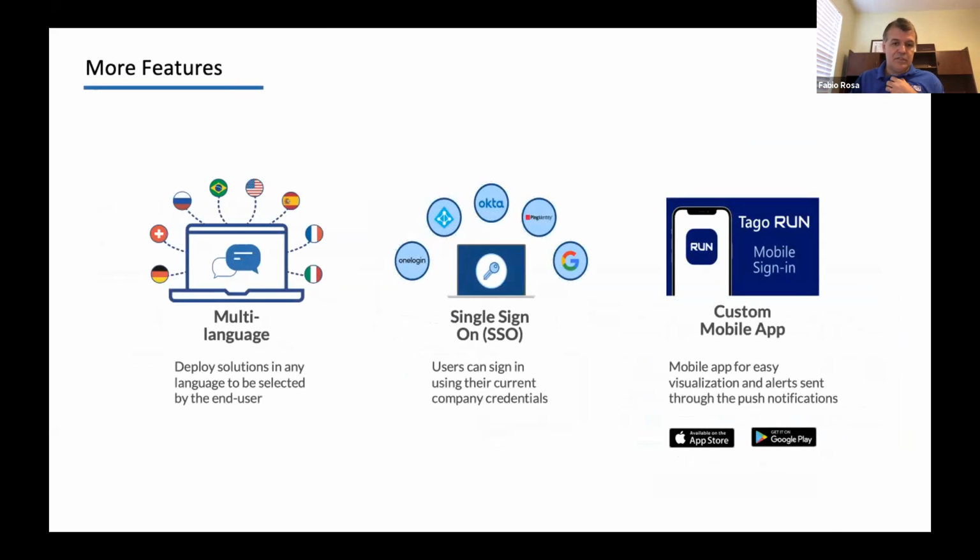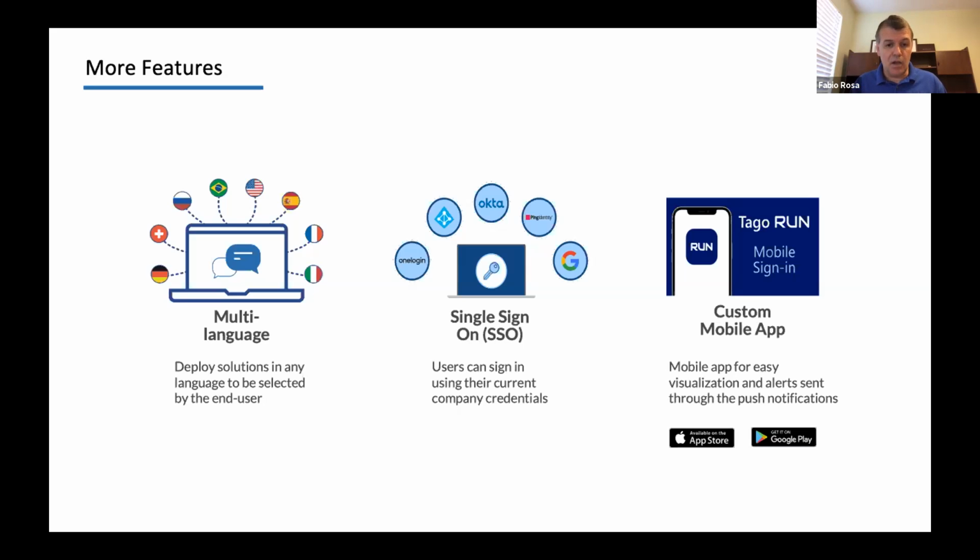There are more features than those related to the IoT. For example, we have multi-language. Even with a free account, you can create and use the dictionary. So you can create keys and associate them with the language of your country. For example, you can add German, Spanish, Portuguese, and frankly, any language. Also, you have single sign-on.